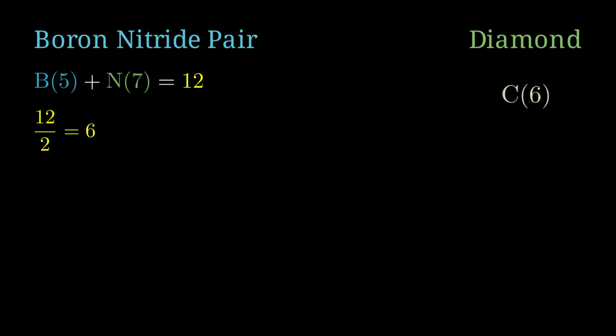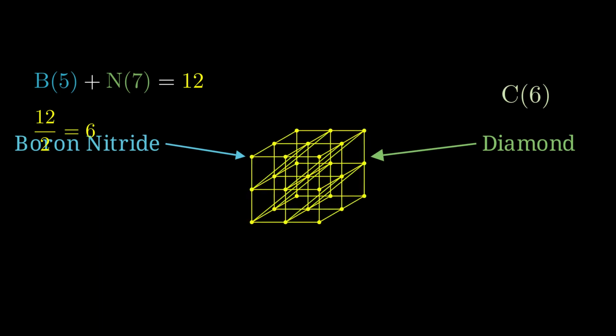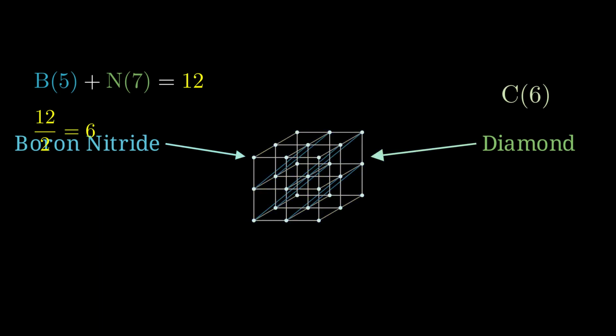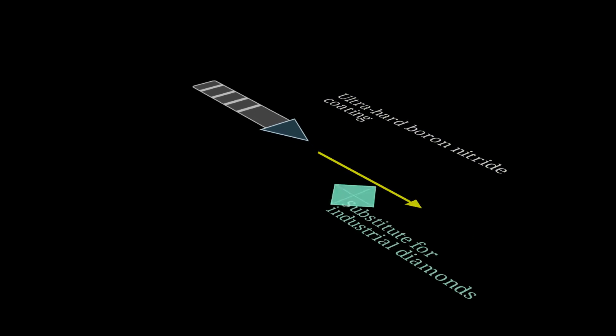That's exactly what carbon has. When they crystallize, boron nitride can form a structure virtually identical to a diamond lattice. They are isoelectronic and isostructural, resulting in a material so hard it's often used as a substitute for industrial diamonds.